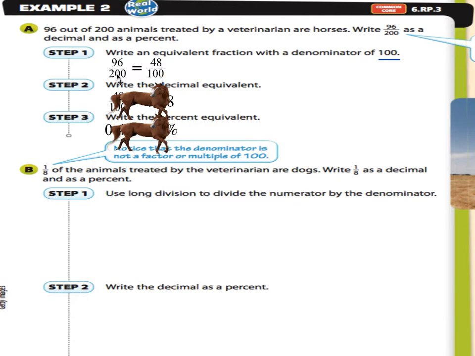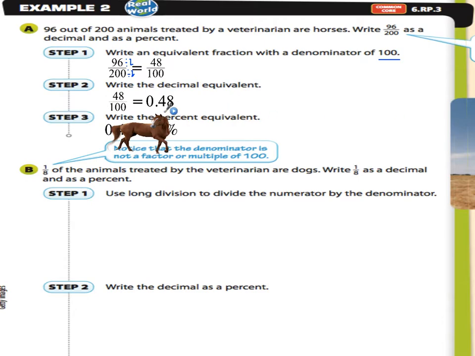Okay, and I'm dividing it by 2, and I can divide the top then by 2. So what I did to the bottom, I can do to the top. So I have 200 divided by 2, and then I have 96 divided by 2. So that tells me that 48 out of 100 of the animals would be horses. So now, as a fraction, 48/100, I can change that to a decimal and write it as 0 48/100.